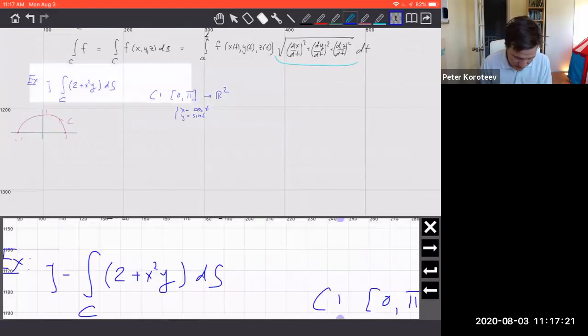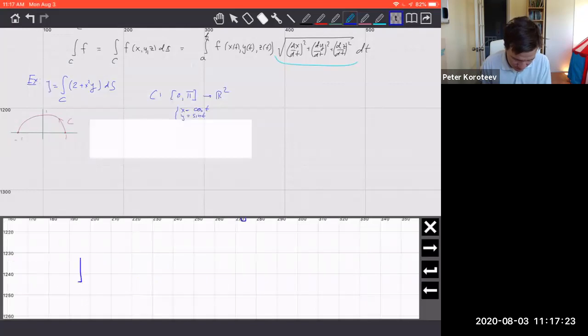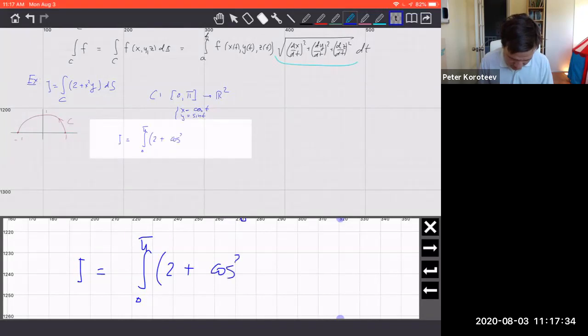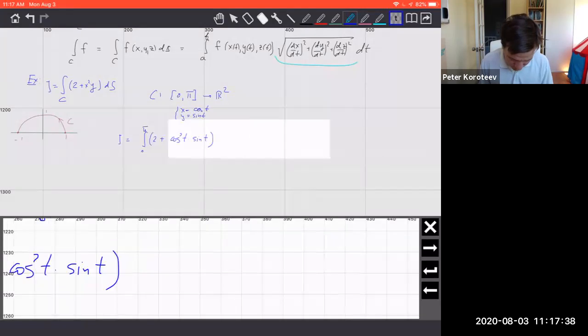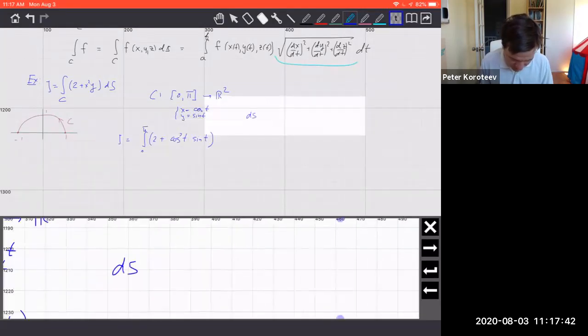And so let's call this integral I, and we can just compute it. It's equal to the integral from 0 to pi of 2 plus cosine squared t sine t. And then let's calculate the ds element here.